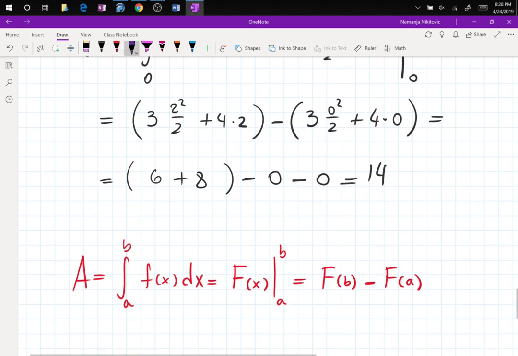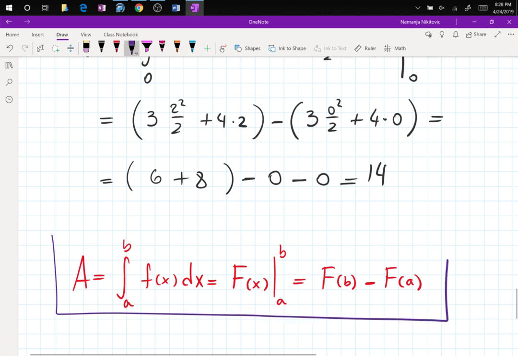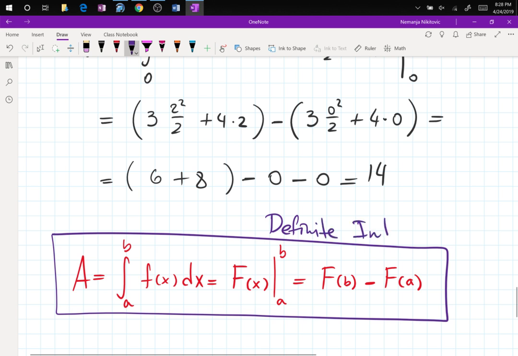This is the definite integral, and this definite integral is always equal to a number. We just got 14 earlier, right? So I just have a few remarks about this.